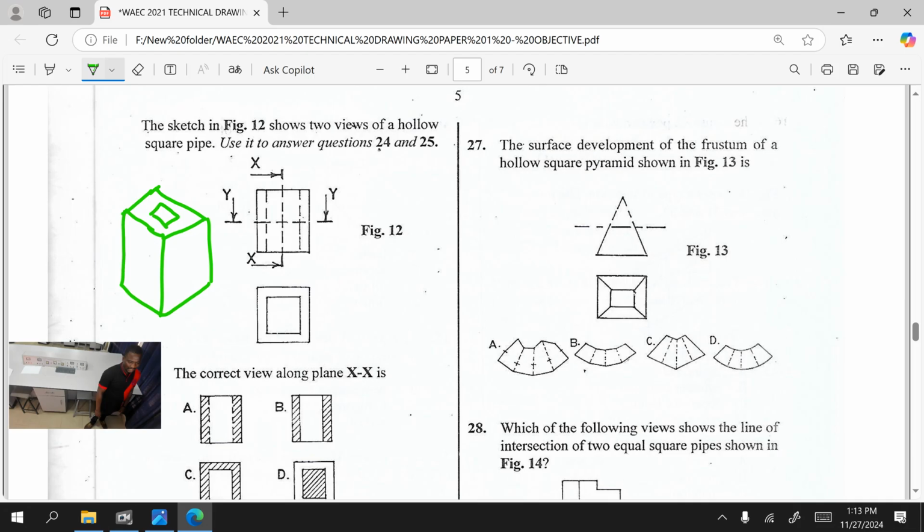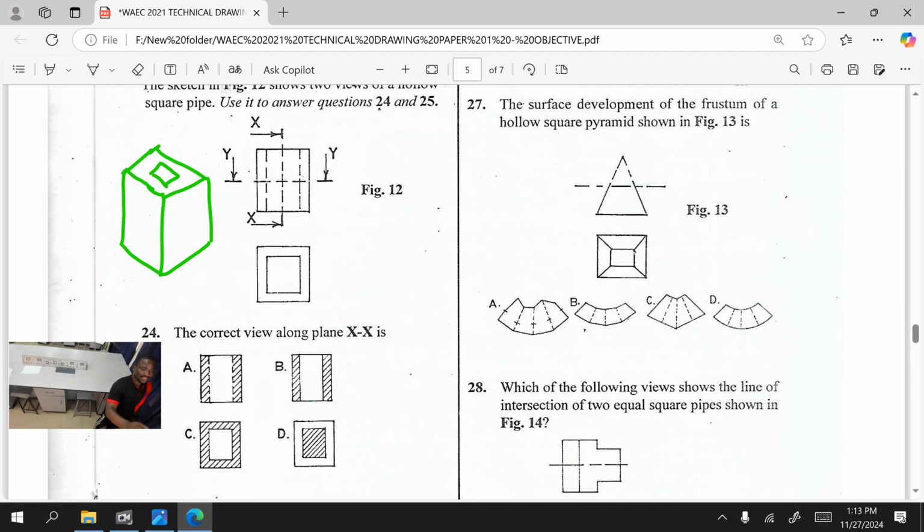So they tell me that the correct view, so you can see the plan. Looking at it from the top, that's what I just drew. Then the front view, that's what you have there. They are telling me that when I cut along plane XS, where is SS? Good. SS is going to be on this side.